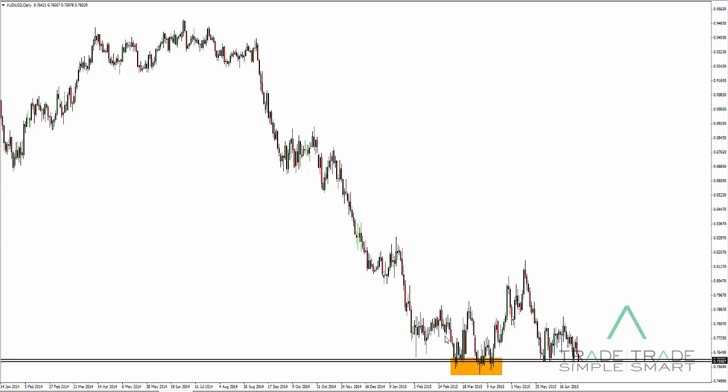All right, but what this demonstrates is the daily demand area identified, and what happens with price on a lower time frame as it comes into that point. Too many times I see people just identify a demand area here and buy as soon as price comes back into it. That's dangerous, because what you need is evidence that that level is going to hold just as it did prior to that.